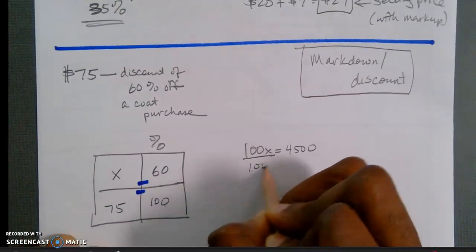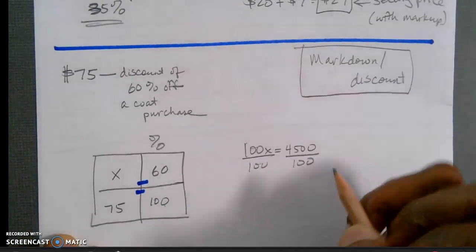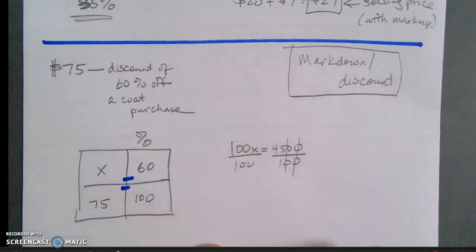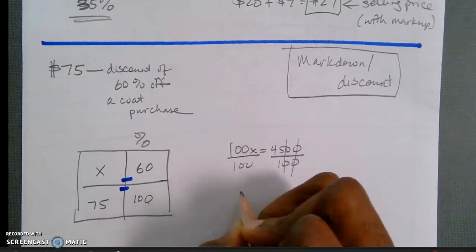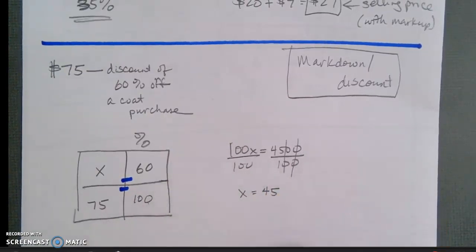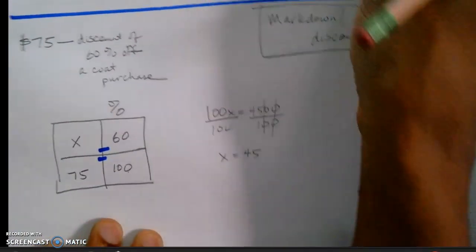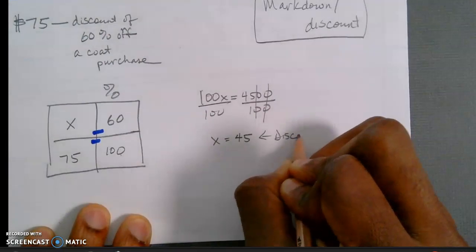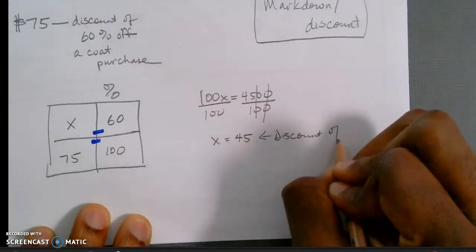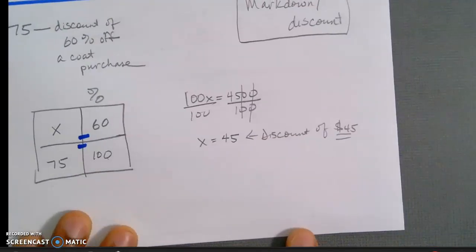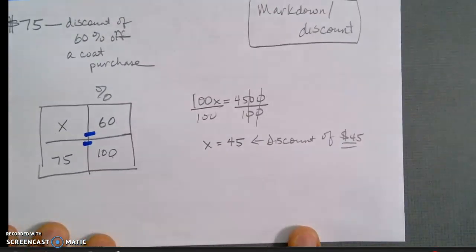Dividing each side by 100, using what I know about numbers that end in zeros and dividing them, crossing those out to simplify, X is going to be equal to 45. So in this case, I'm going to have a discount of $45 off the cost of the coat.